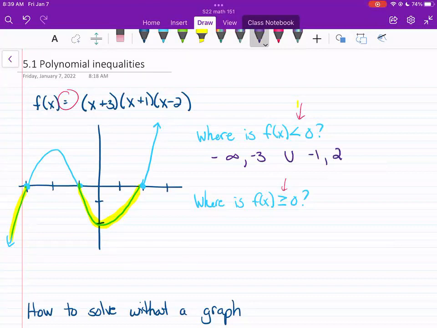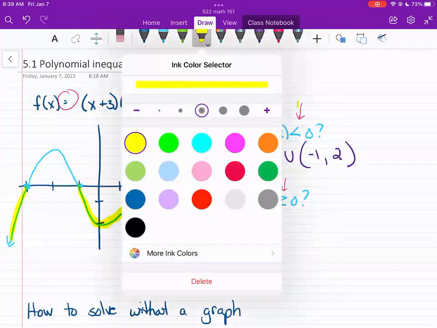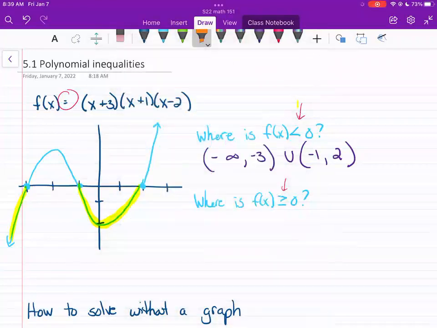Because there's no equal to part for the less than 0, if you'll remember from your interval notation, we indicate those with parentheses as opposed to brackets. When we move to the greater than 0, we want to look where the graph is above the x-axis.